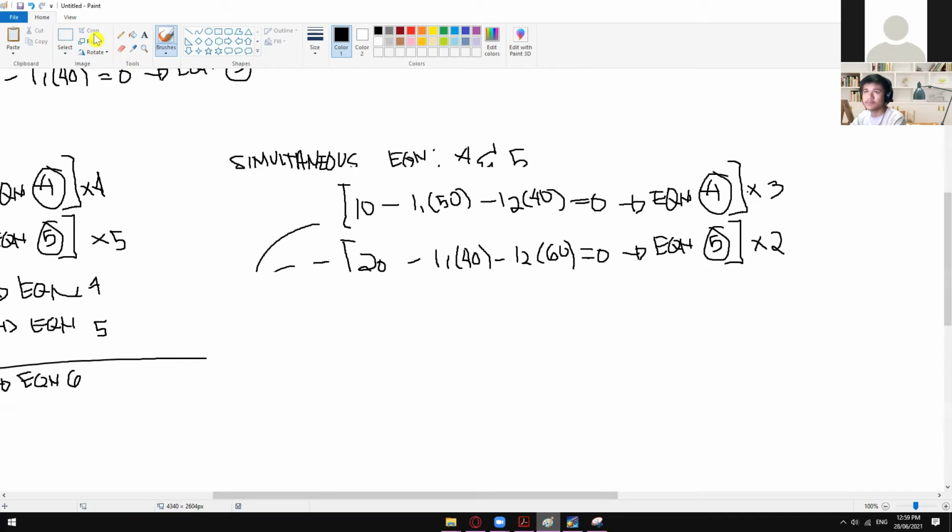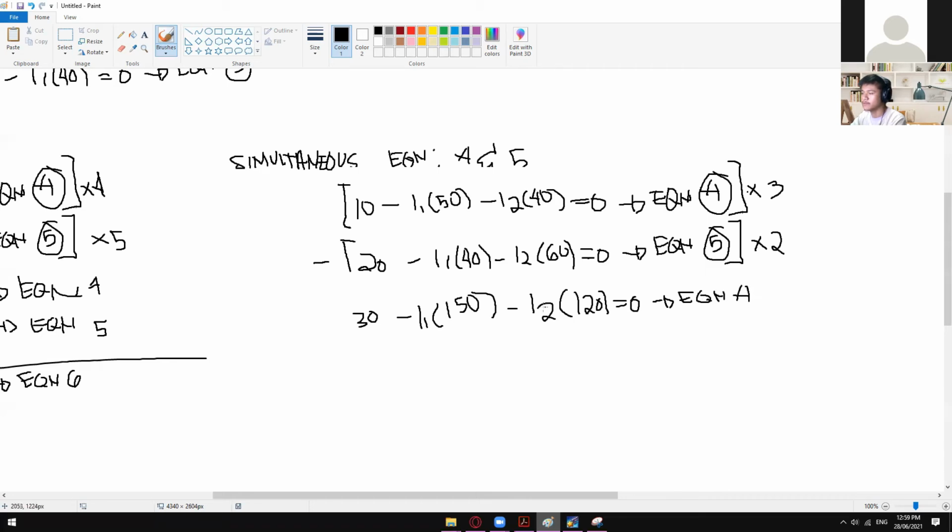Okay, so doing that one, our equation number 4 will become 3 times 10 is 30 minus I1 times 50 times 3 is 150 minus I2 times 40 times 3 is 120 is equal to 0. Okay, so this is now our equation number 4.